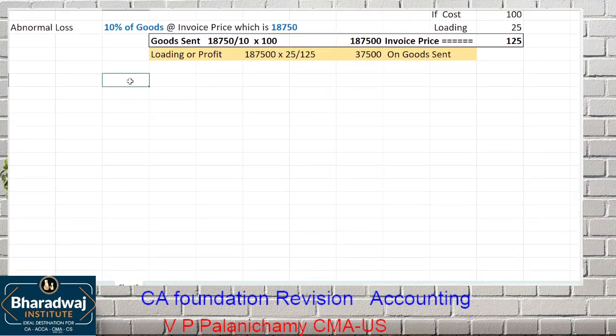Then, what is the abnormal loss? What is the abnormal loss at invoice price? 18,750. Add proportionate expense of consignor.